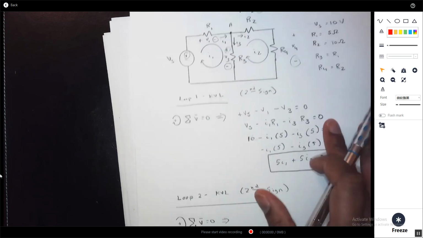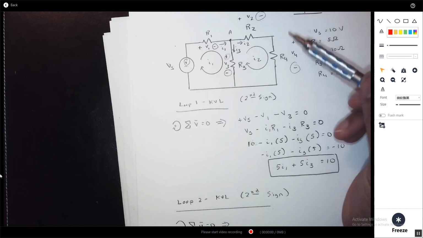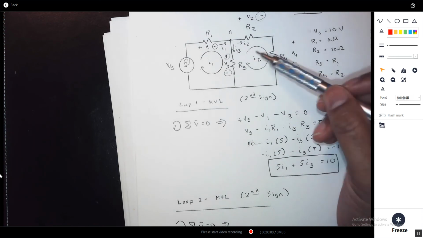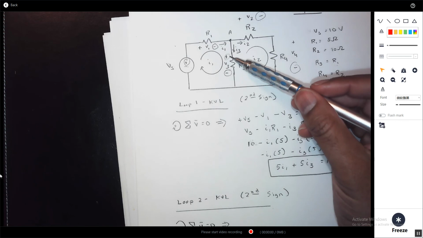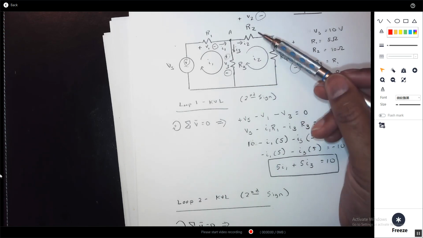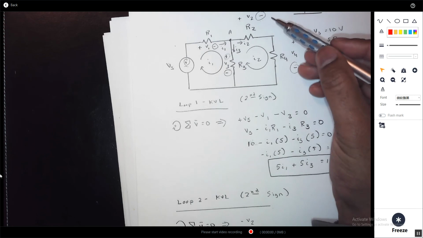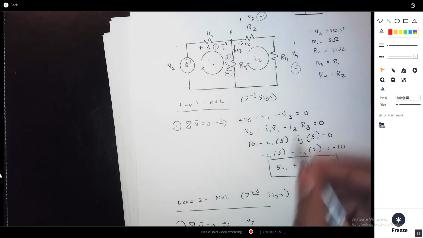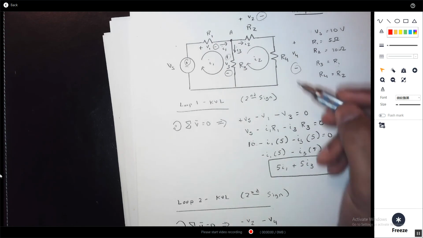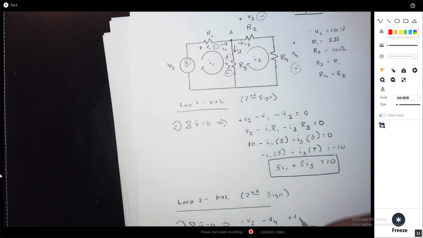So if we go down a little bit, we see second sign, because this is the path of the current. Okay? So from here, minus V2, just like here. Minus V4, just right here. Plus V3 is equal to 0.